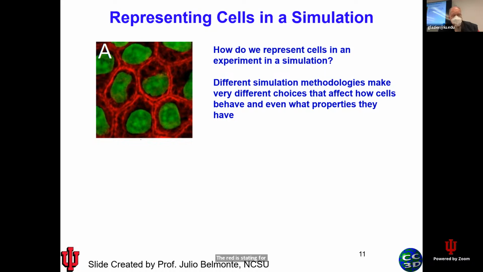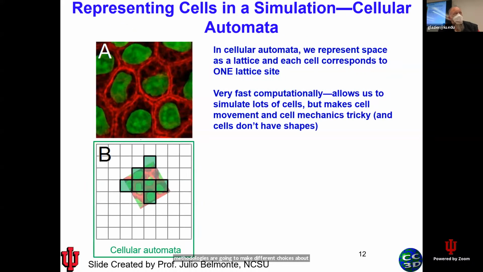The green is staining for the nucleus in this case. And we see hexagonal or roughly hexagonal cells, polygonal cells. This is a projection. The cells would be in a flat layer in an epithelium. But here's a typical experimental image that we might start with. And different simulation methodologies are going to make different choices about how cells behave and what properties they have.